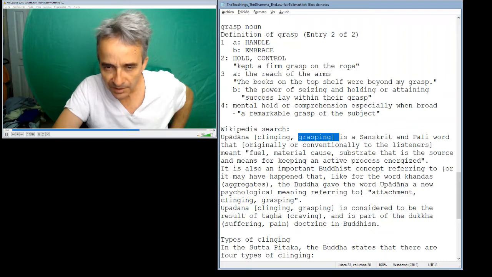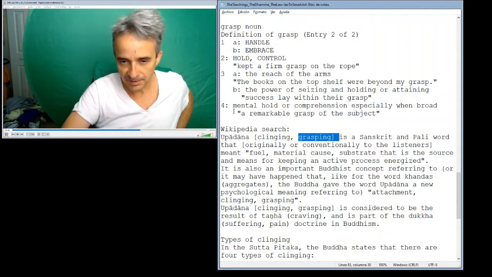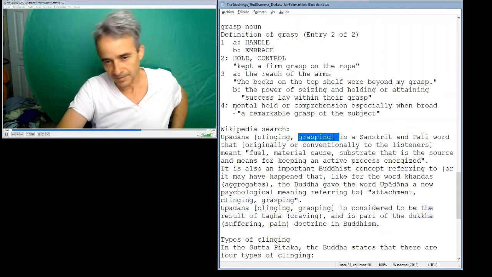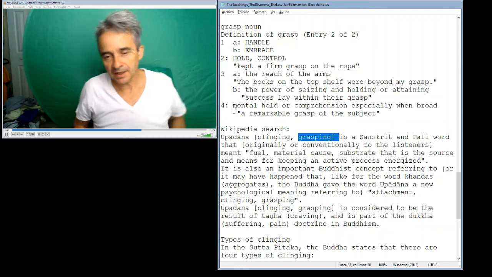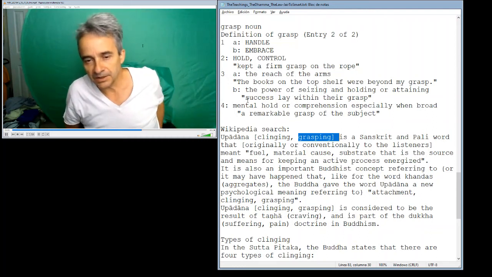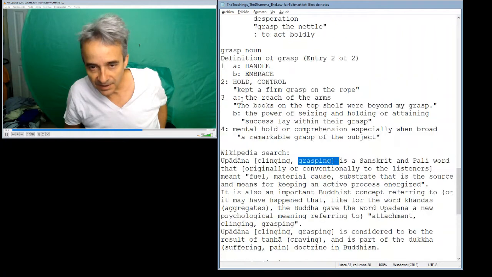There's the intransitive verb, to make a motion of seizing, as in grasping for support. So I don't see the noun, the power of seizing or holding or attaining, is close, but no, that's the third.